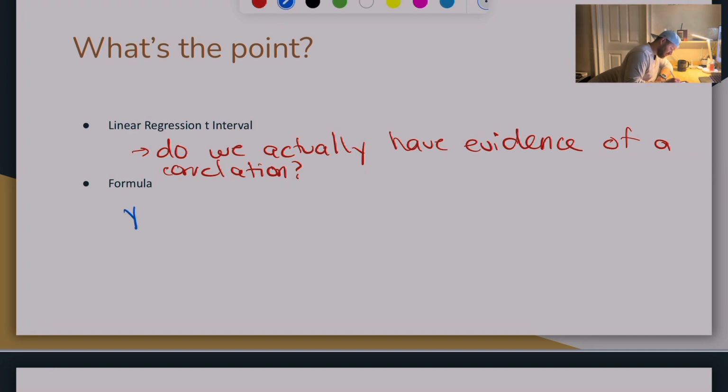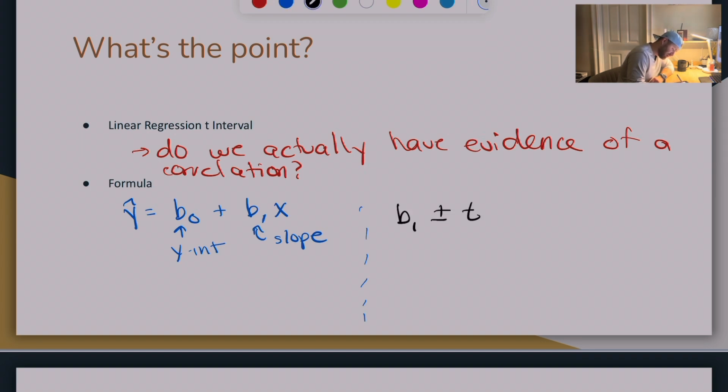Now, one thing we have to remember is that the formula for a linear regression in the context of AP statistics looks like this, where b sub 0 is your y-intercept and b sub 1 is your slope. So the actual formula for your confidence interval is your slope plus or minus the t-critical value times the standard error of your slope.